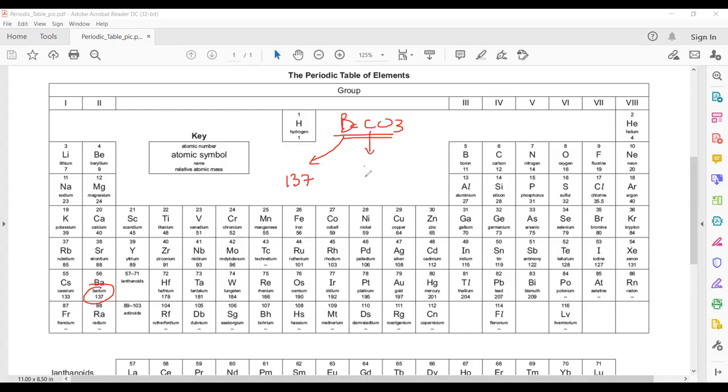Carbon is 12. And oxygen is 16, so it will be 16 multiplied by 3. So this is 137 plus 12 plus 16 multiplied by 3, which is 48. When you add these numbers, 12 plus 48 is 60, and 60 plus 137, the sum will be 197. So the molecular mass is 197. That's how we got the molar mass.